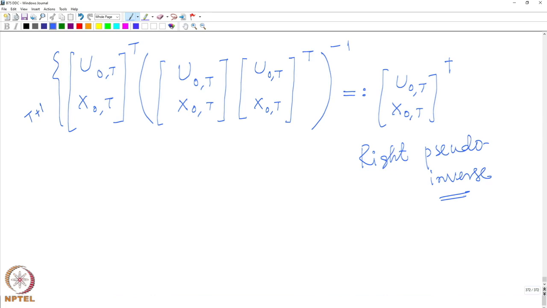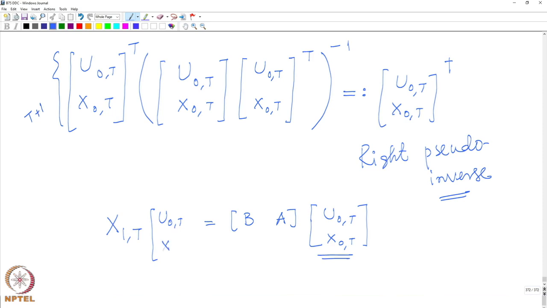So, what we will do is, remember what we have: x 1 t is equal to b a times u 0 t x 0 t, and this matrix is full row rank. So, I multiply from the right on both sides by its right pseudo inverse, that is u 0 t x 0 t right pseudo inverse.